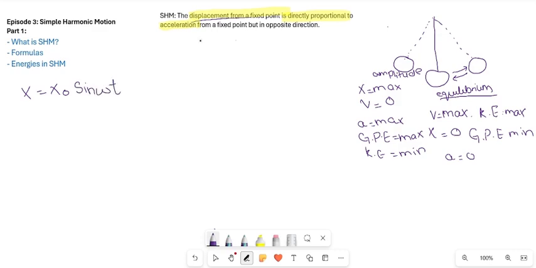X naught here is my amplitude. Now, if I have to go to the velocity, I have to differentiate it by t. And when I differentiate it by t, I get v equals omega x naught cos omega t.